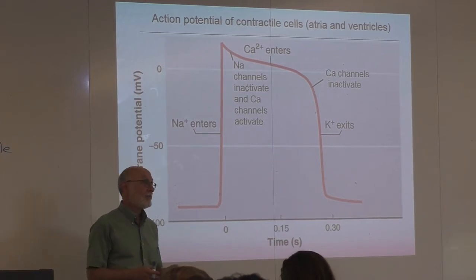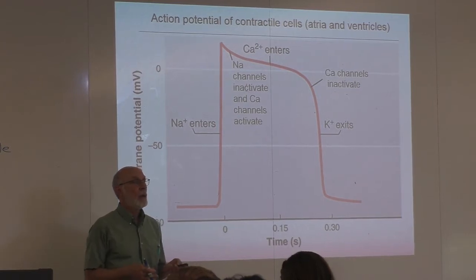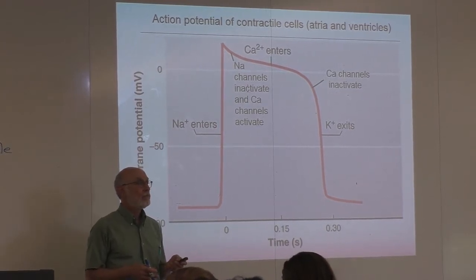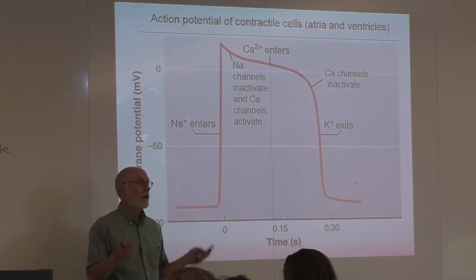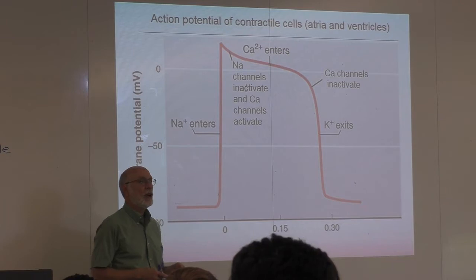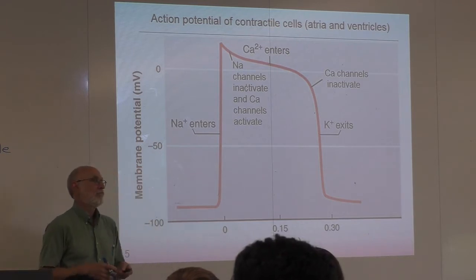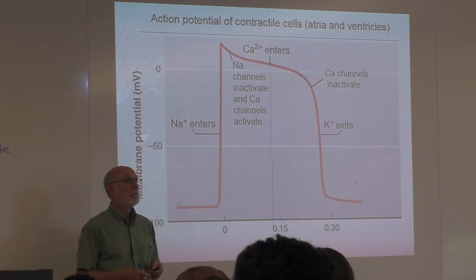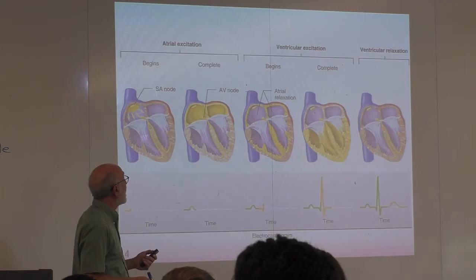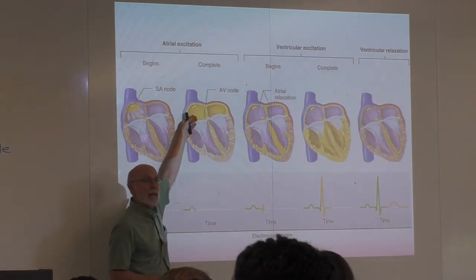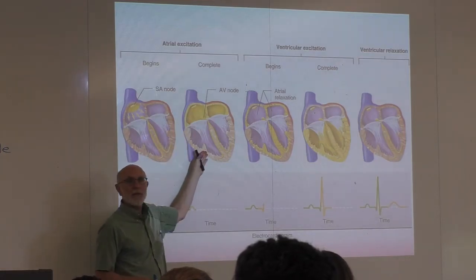That's normal. Now there are some people who don't have an atrial systole at all. My mother has atrial fibrillation. Her atria are not beating. Her heart's beating, her ventricles are pumping blood, but her atria are not beating. And so you might say, well, wait a second. If the atria don't beat, how is the blood getting to the ventricles?